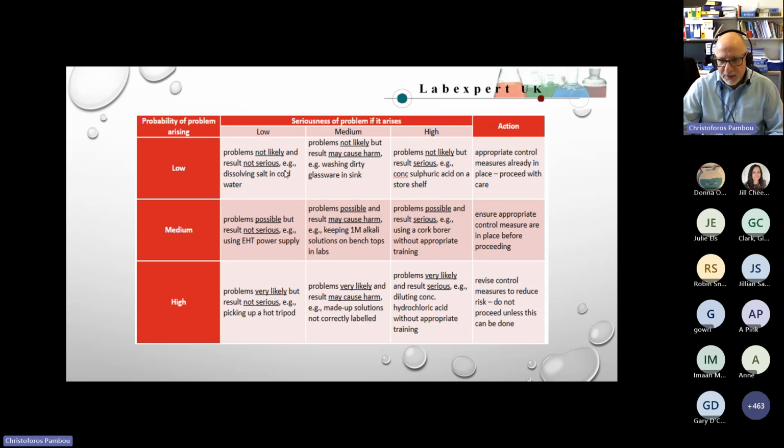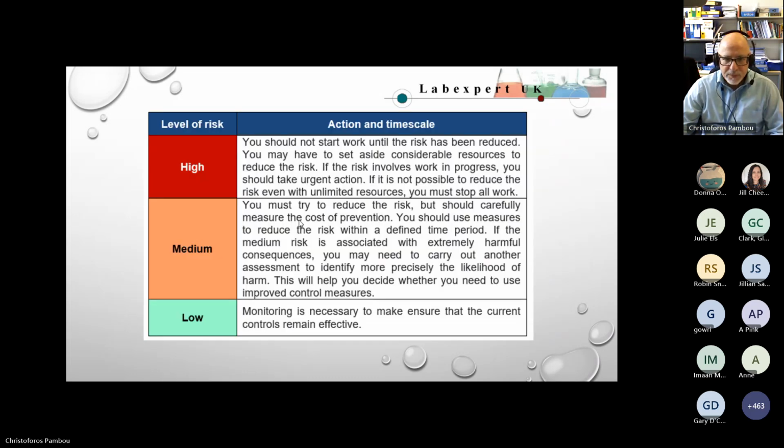But if we look at the other extreme, where the probability is high and the seriousness of a problem arising is also high, the problem is very likely and the result could be serious, as when we dilute hydrochloric acid without having the training. So we look at the probability, as in the previous slides, multiplied by the seriousness, and we work out the risk assessment.